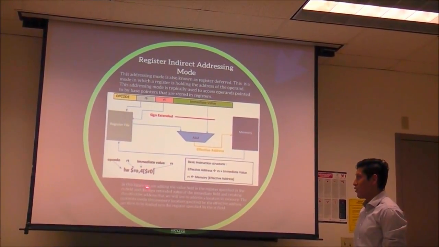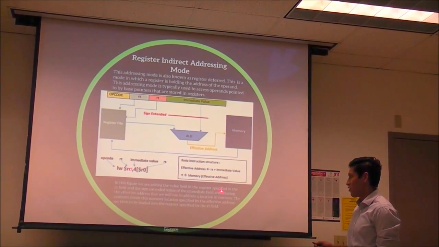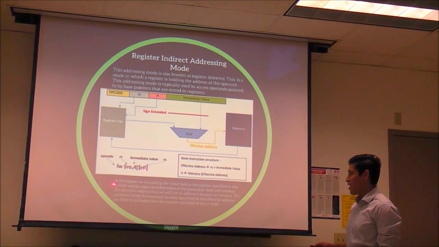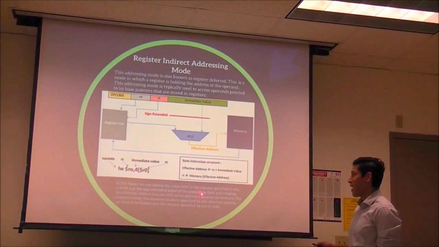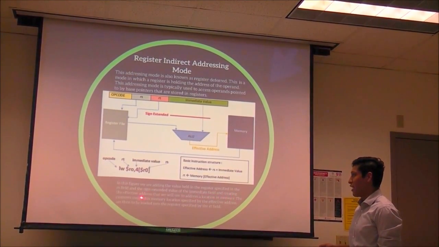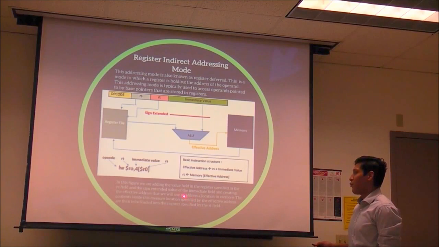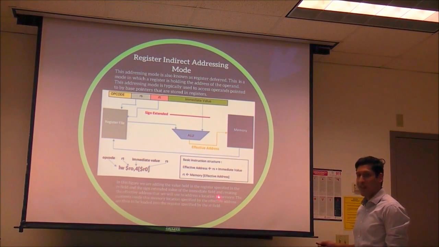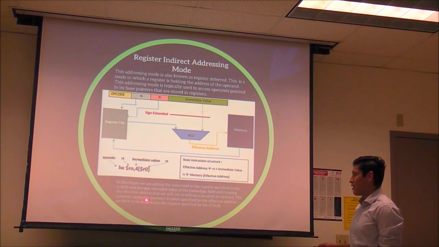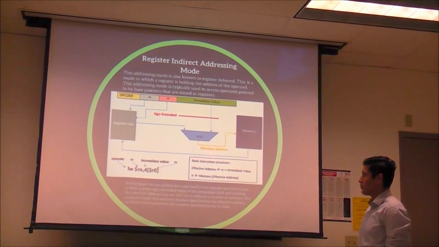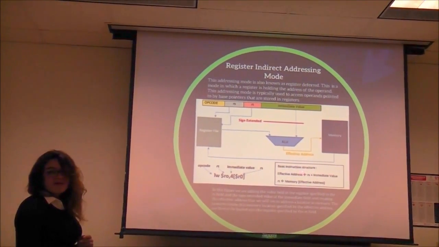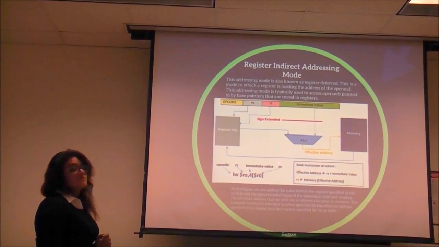In this figure, we are adding the value held in the register specified in the RS field and the sign extended value of the immediate field, creating the effective address that we will use to address a location in memory. The contents inside this memory location specified by the effective address are then loaded in the register specified by the RT field. And you see inside the figure, we have a basic pseudo instruction format of how exactly the instruction will go through.